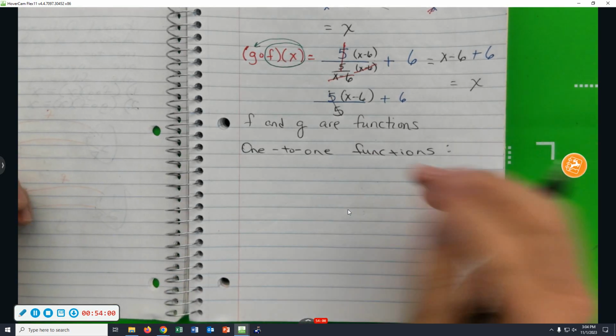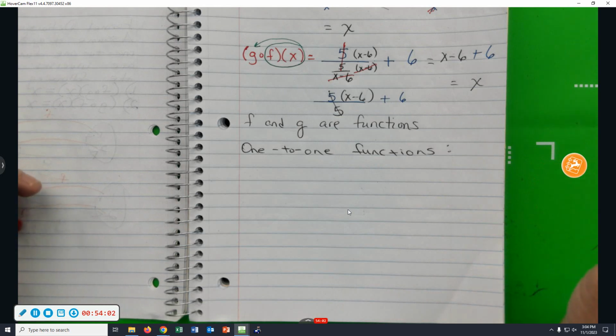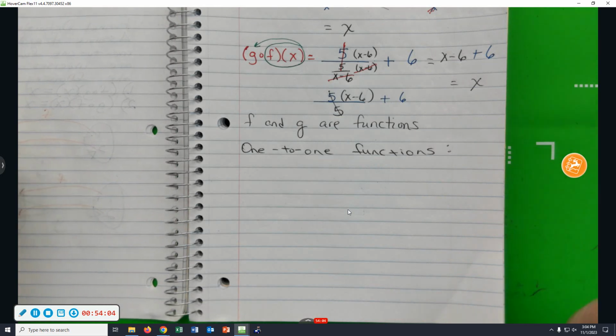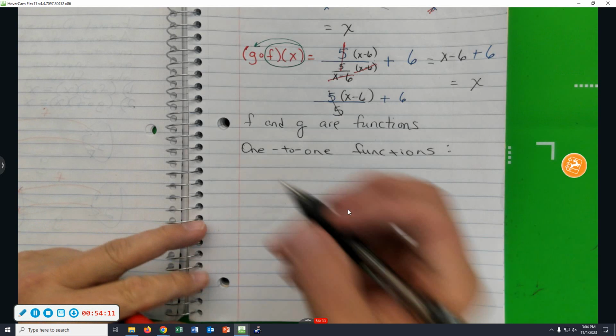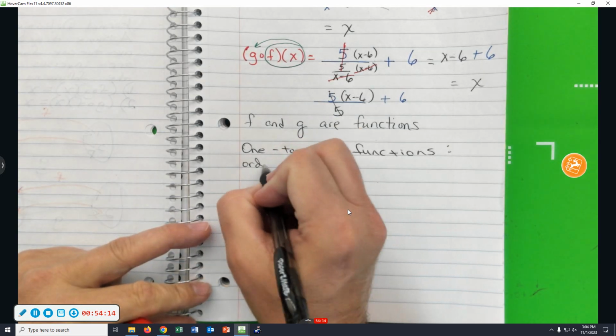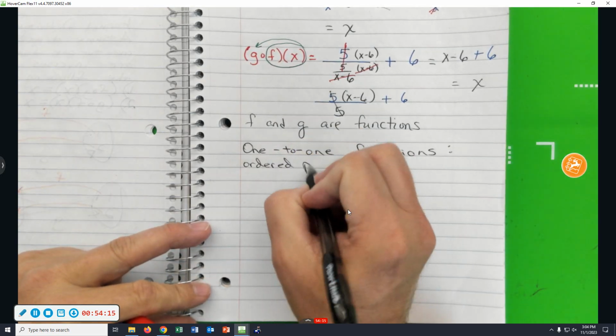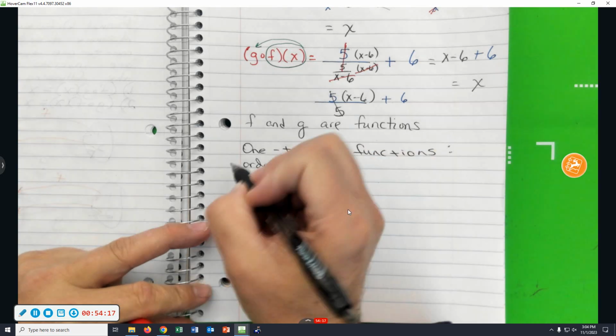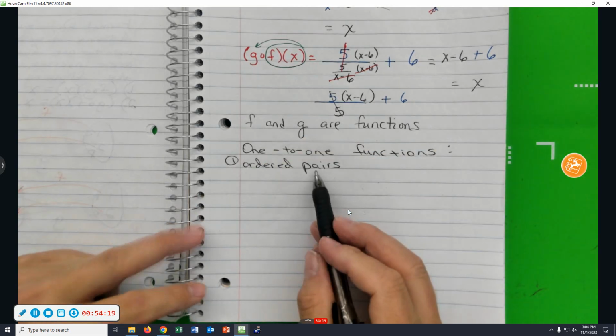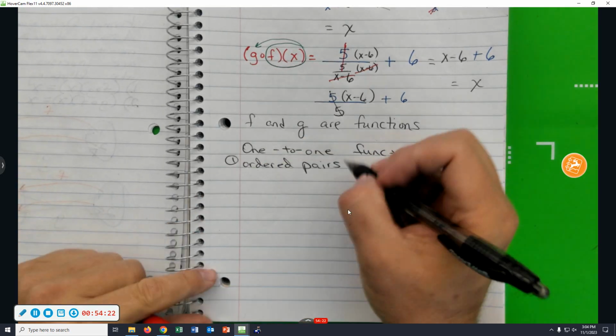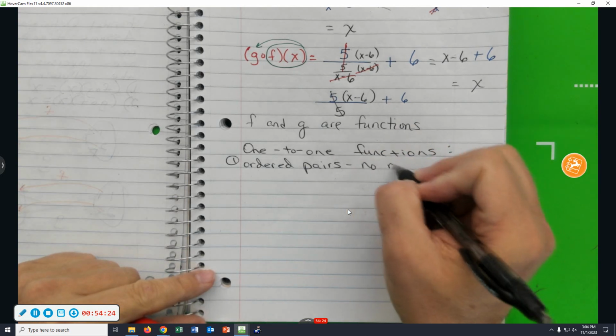We work with them just with ordered pairs, the lists of ordered pairs. If the function is just a list of ordered pairs, it's easy to decide if they're one-to-one. Just look at the y values. Are there any repeated y values? So with ordered pairs, you know there's no repeated y values.